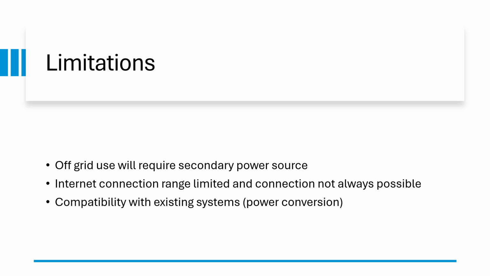Internet connection will also be part of the limitation, because the internet connection will not always be accessible. And the last thing is the power of our system may not be compatible with the other assistant power. So we're going to need a power conversion to get the power input and output together.